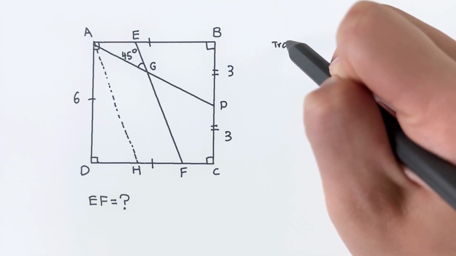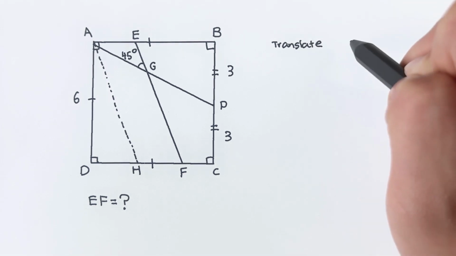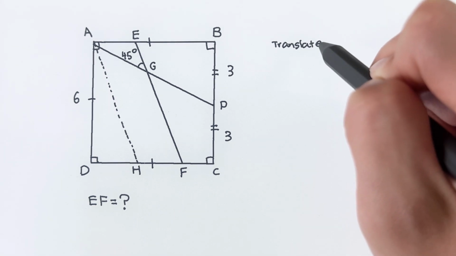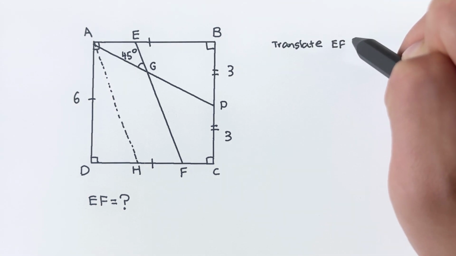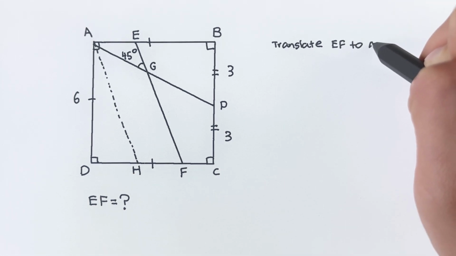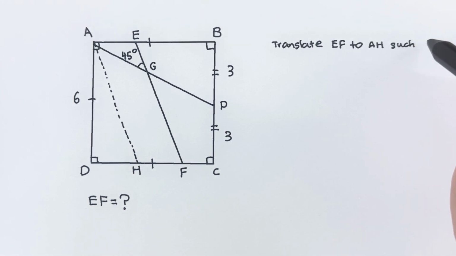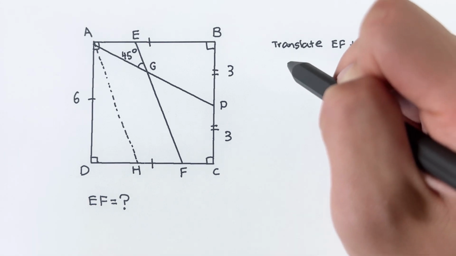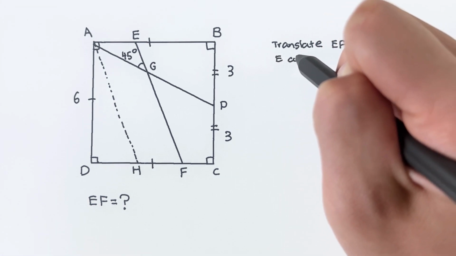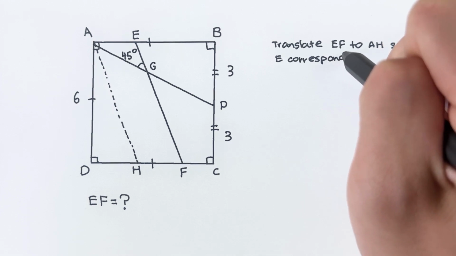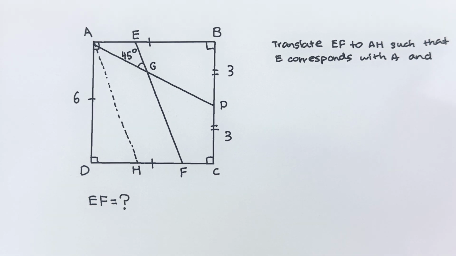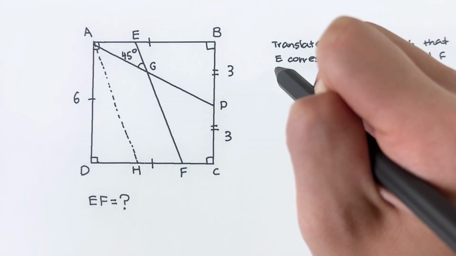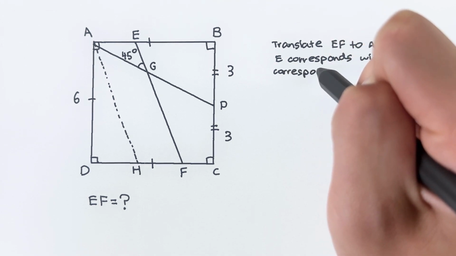So we translate EF to AH such that E corresponds with A and F corresponds with H.